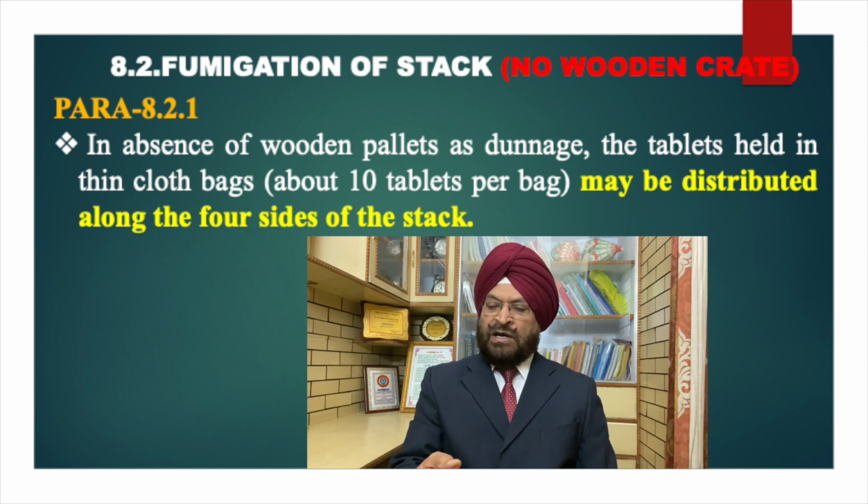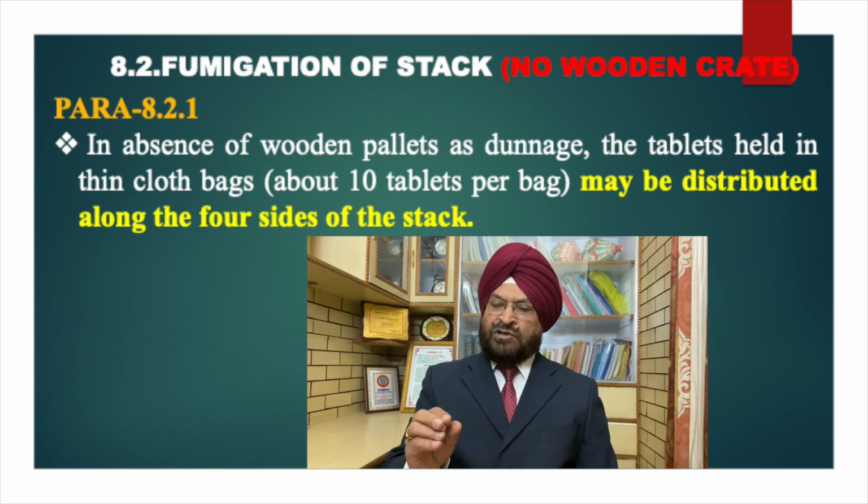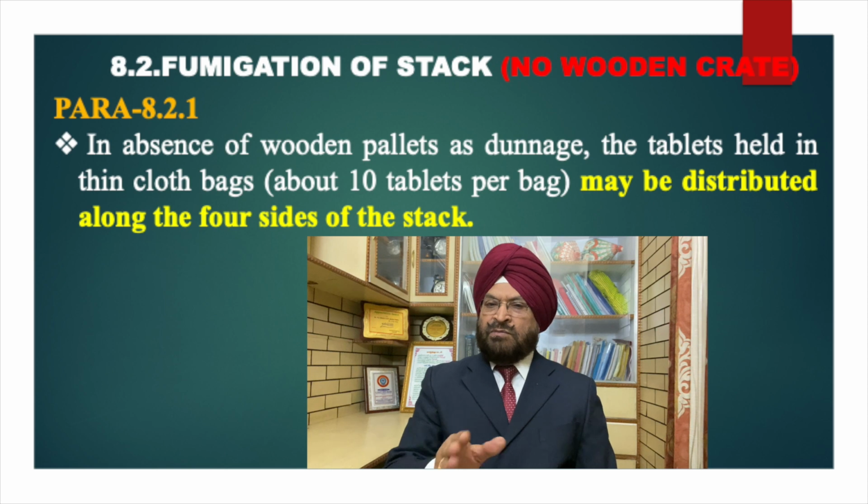So that may be distributed along the four sides of the stack. Each cloth bag containing 10 tablets should be distributed evenly on the four sides of the stack. Here you must note that the top side of the stack has not been included in this. Only four sides have been included.